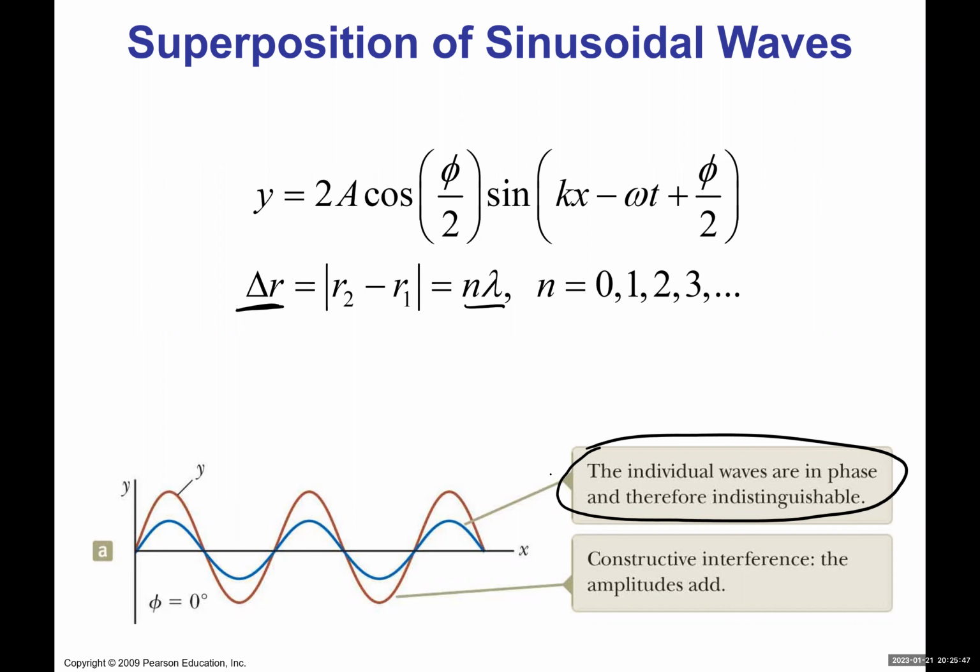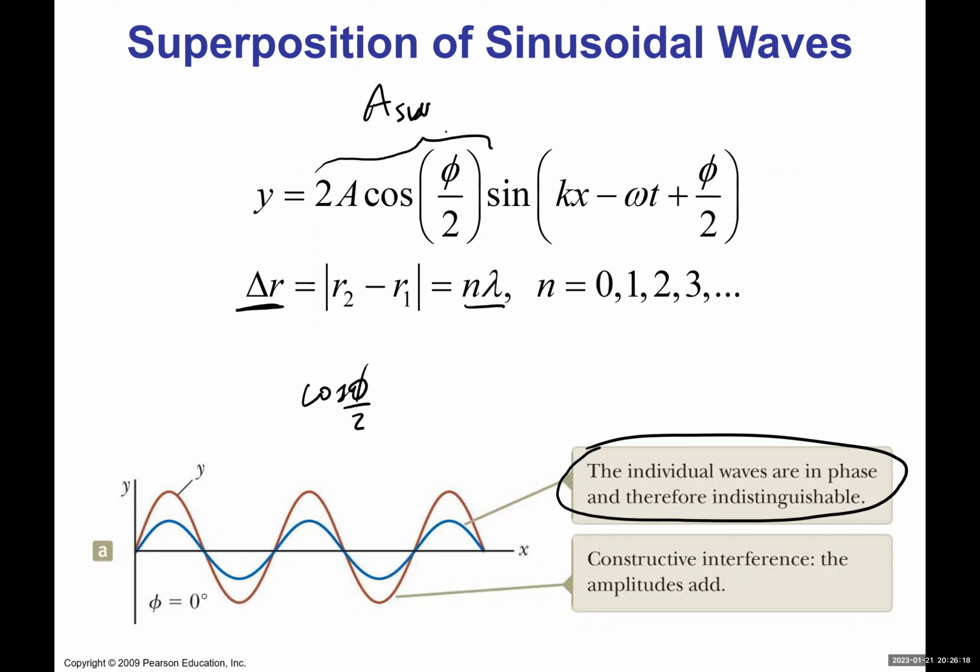Okay, now what are the conditions for us to have constructive interference? Well, we can see that right now, when you have this term where you have cosine of phi over 2, this term is basically going to determine what we call technically the amplitude of the wave, which is the superposition wave.